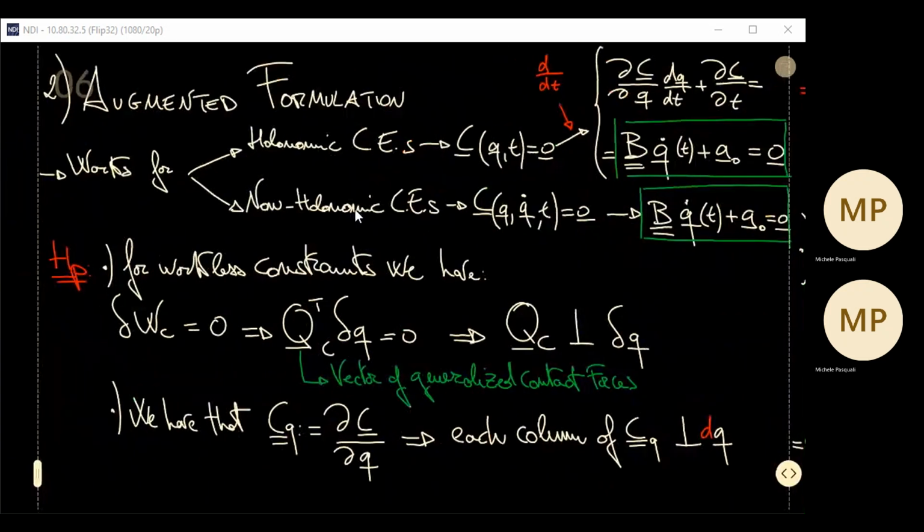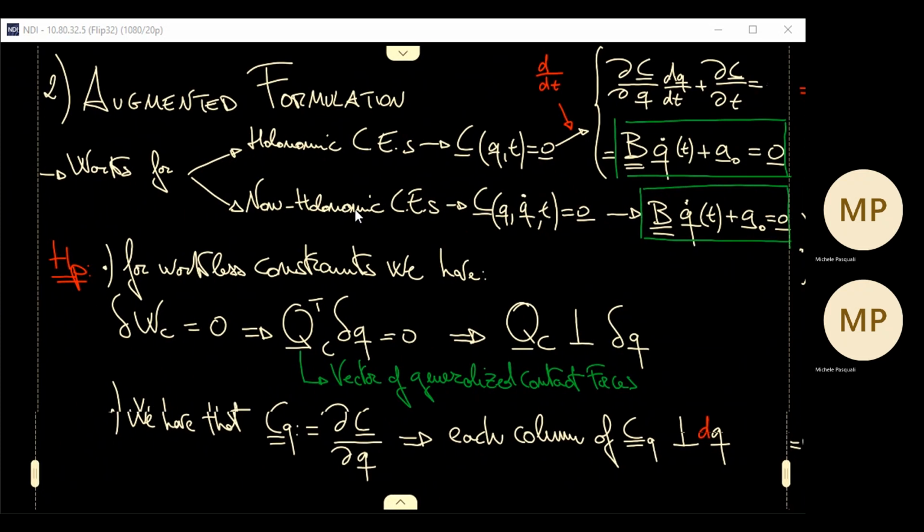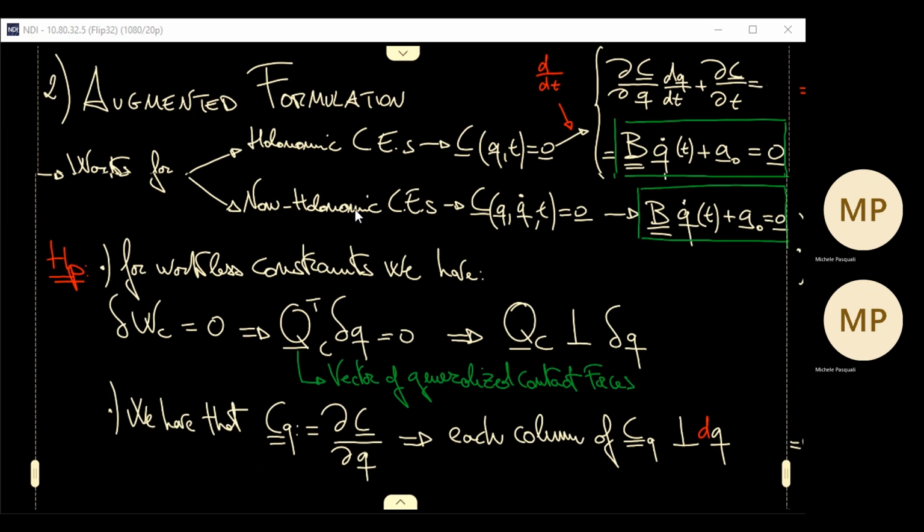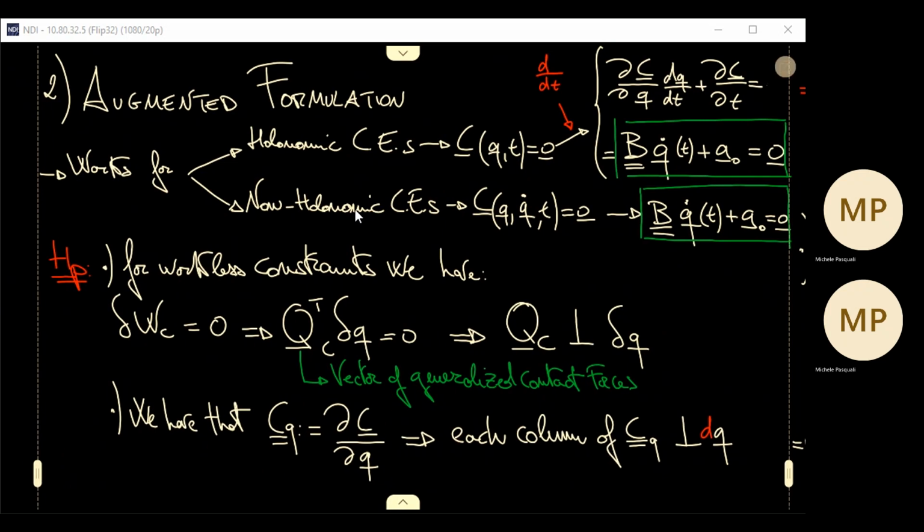I'll answer in English. So here we have two facts. First, our constraints are workless because we are making this hypothesis for simplifying reasons. If the constraints are workless, then the contact forces, which are typically the way constraints enter the equations. If you think about a fixed constraint, you can have contact between, for example, a cantilever beam and the wall.